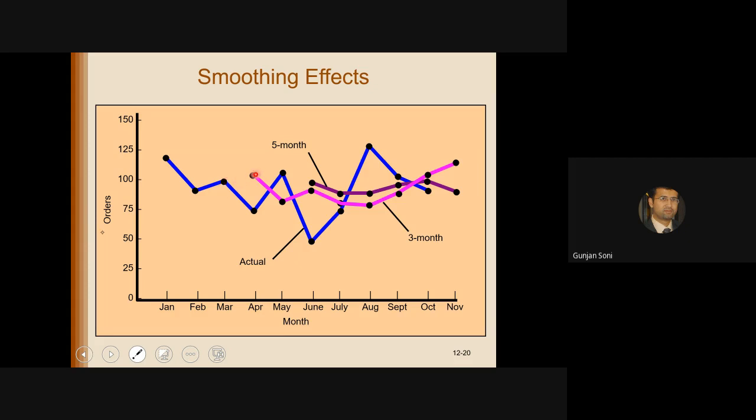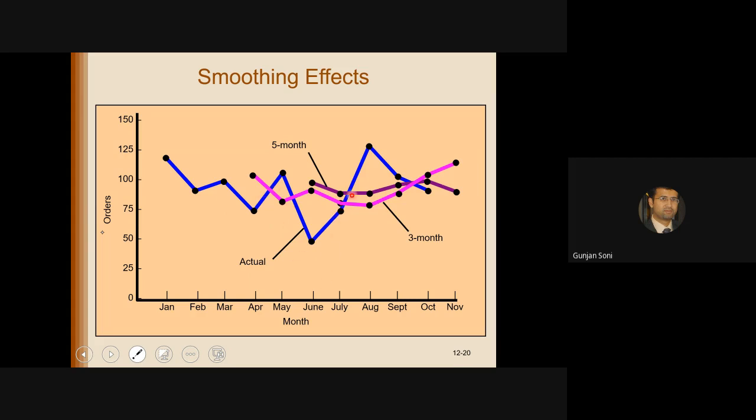This point actually corresponds to this point. So the forecast for March is generally visible in April, right? Similarly, when it goes down, you can see April is evident in May, and June is evident in July.